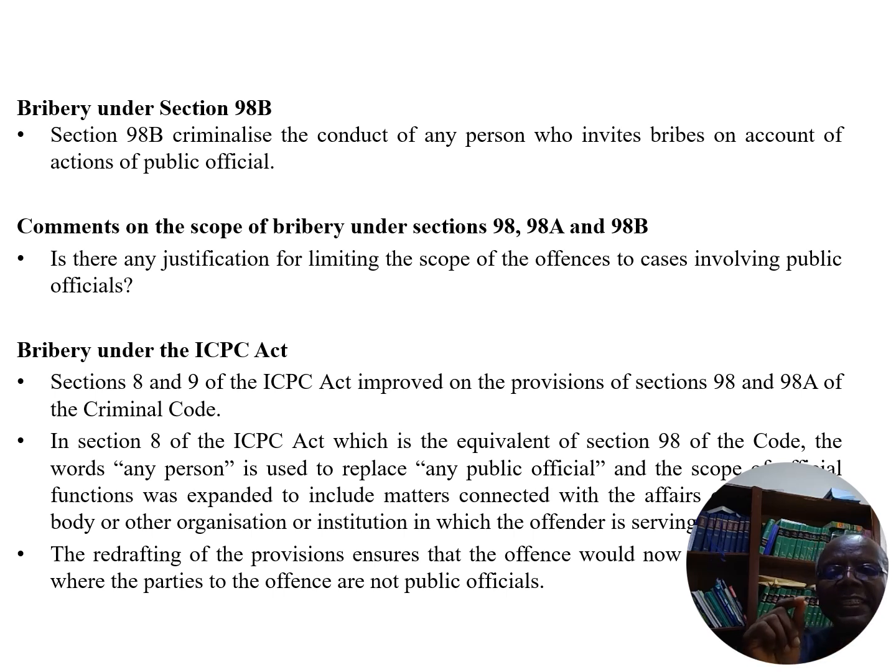Under sections 98, 98A, and 98B, bribery in those provisions relates to actions of a public official, either as a public officer himself demanding the bribe under section 98, or under section 98A, the public officer is the one offered a bribe by another person, or under section 98B, on account of the duties of a public officer, another person is asking for a bribe from another person.